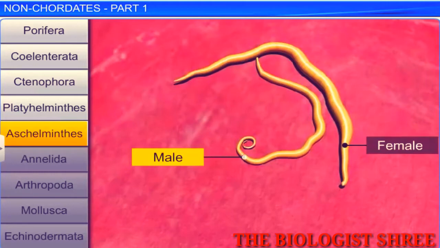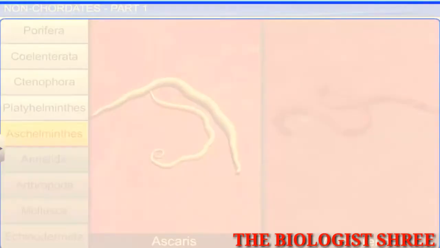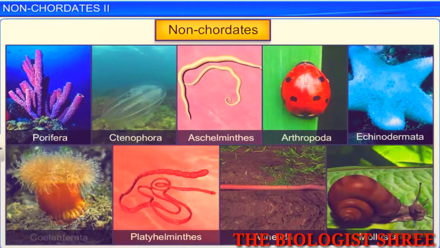Fertilization is internal, with direct or indirect development. Ascaris and Wuchereria are common members of this phylum. We studied how non-chordates are classified into different phyla on the basis of certain morphological and anatomical features. Let's take a look at the important characteristic features of these phyla.